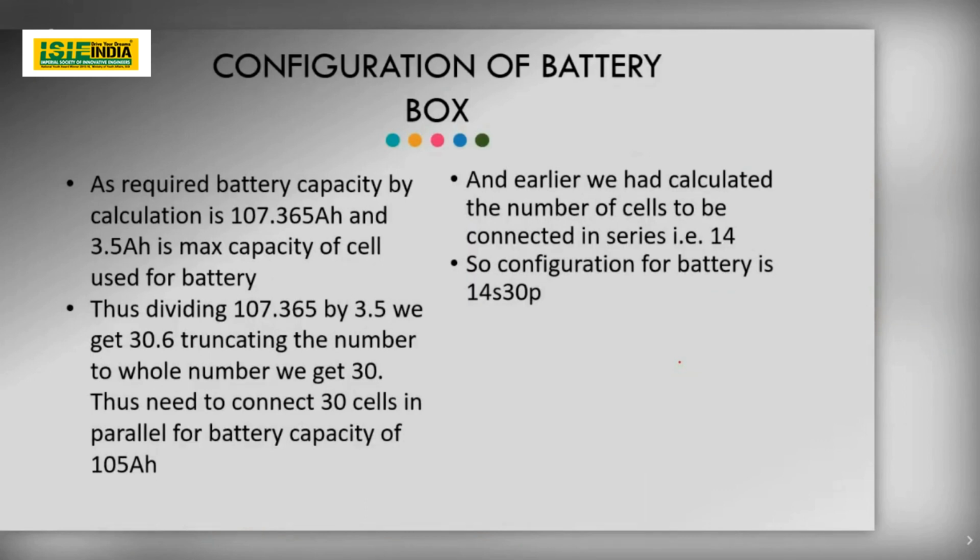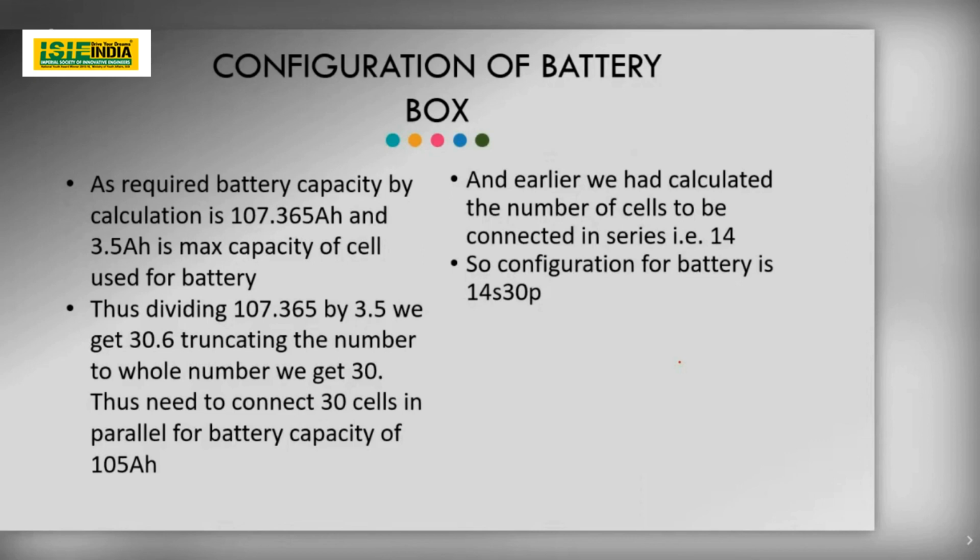The required capacity of the battery is 107.365 Ah, and the cell that we have selected has its maximum capacity at a certain operation equal to 3.5 Ah, which is the max capacity of the cell.